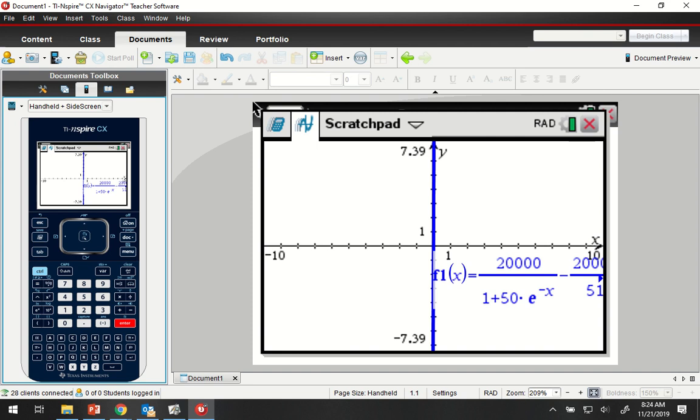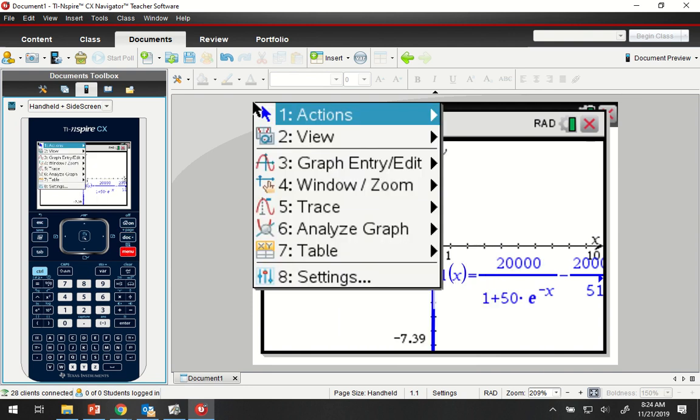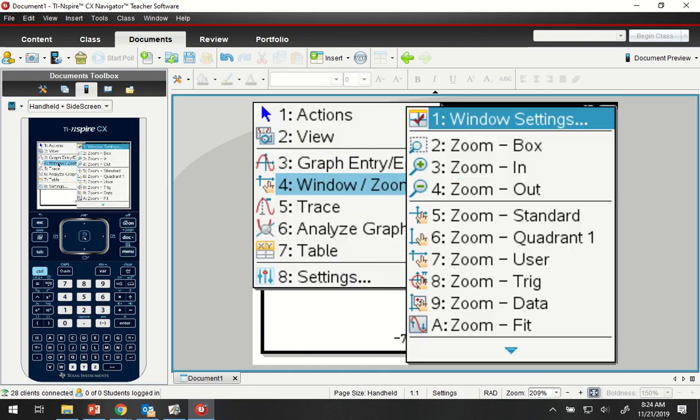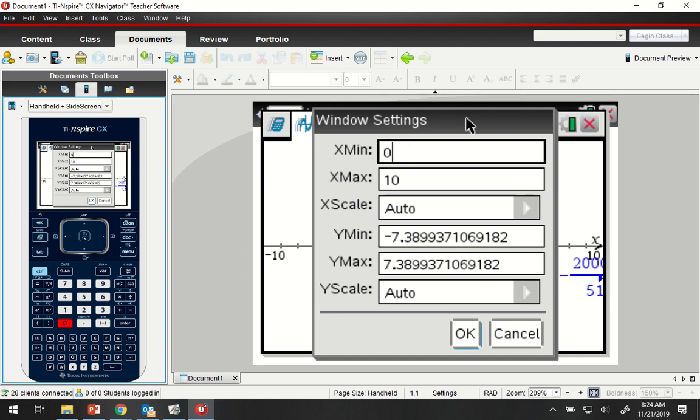So now t values are just going to be greater than 0. In window settings, start with 0 for my t values, and let's go to 50. See if that works. And I know my y min should be what?